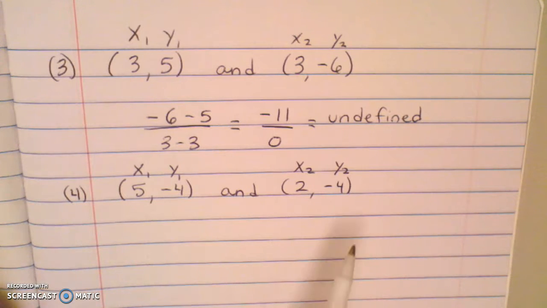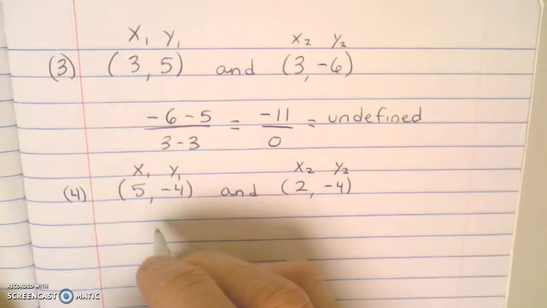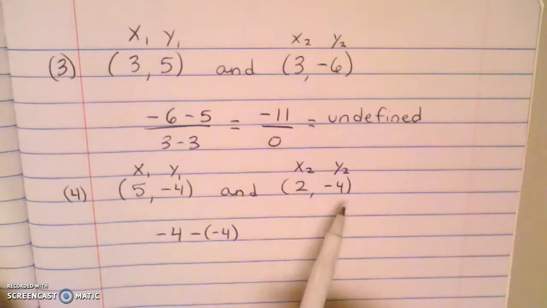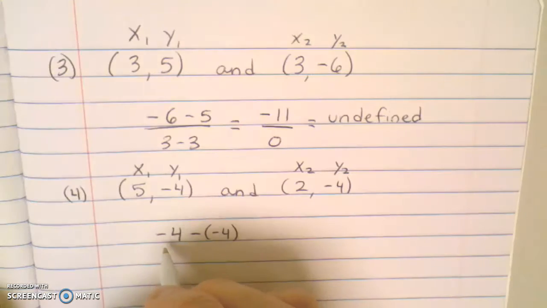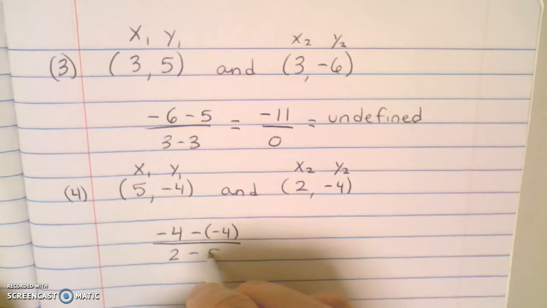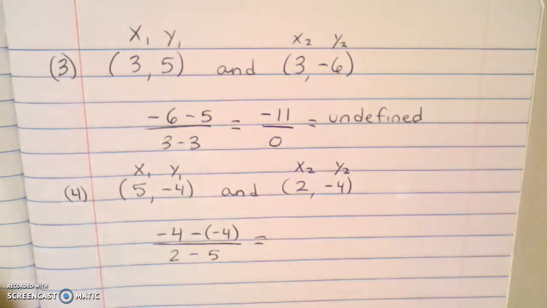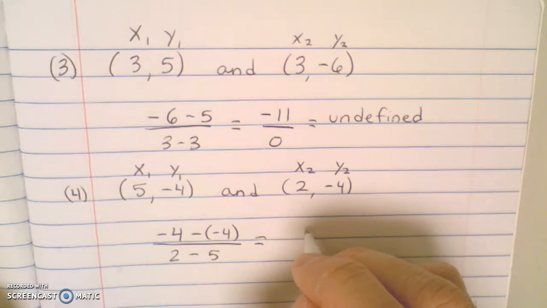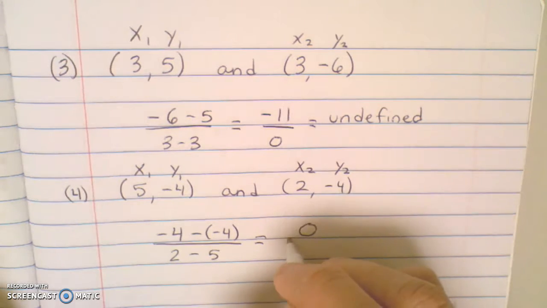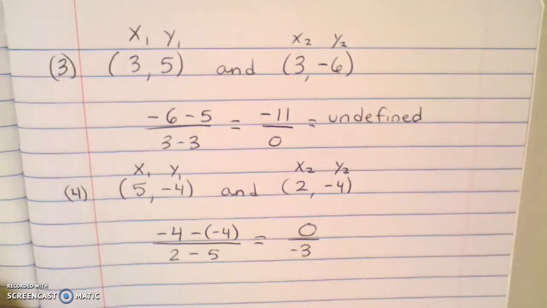And then subtract. You do your y values on top. So I have negative 4 minus negative 4. Again, remember, if I'm subtracting a negative, there's two minus signs there. Over 2 minus 5. So negative 4 minus negative 4 is 0 on top because that's negative 4 plus 4, over negative 3.